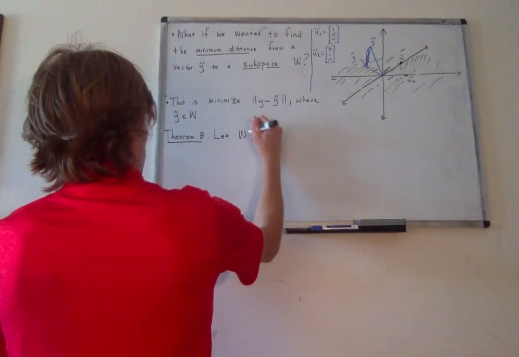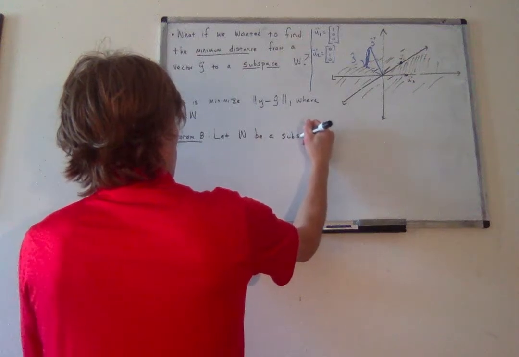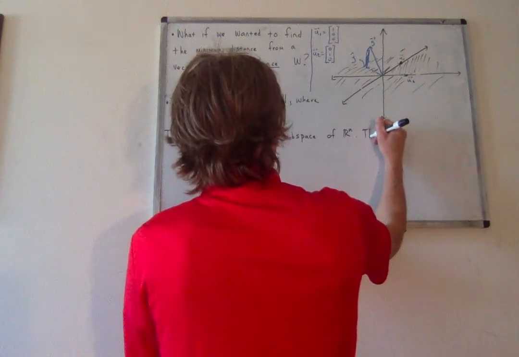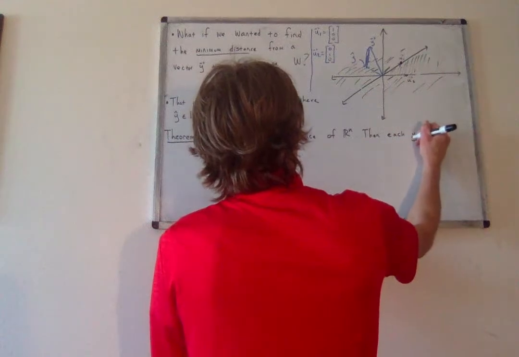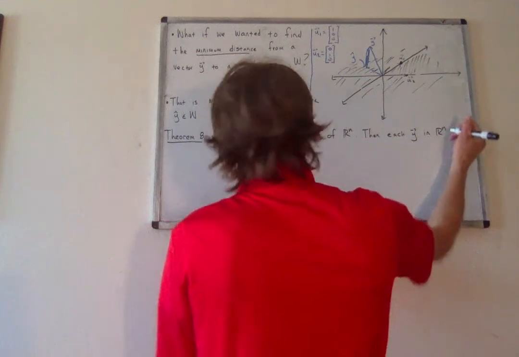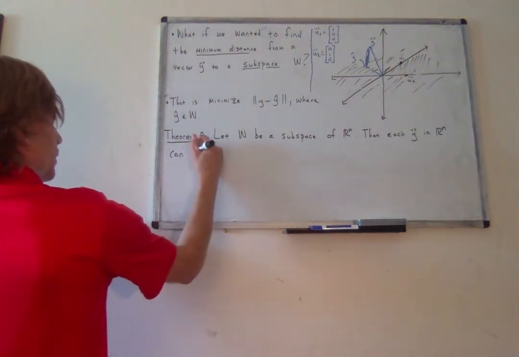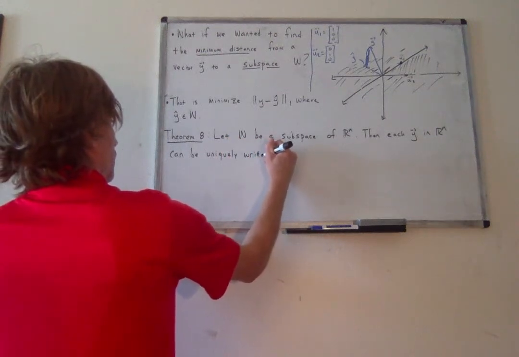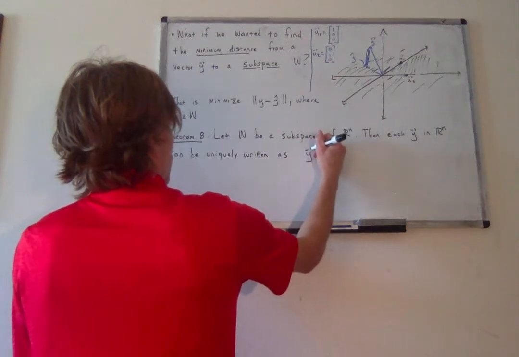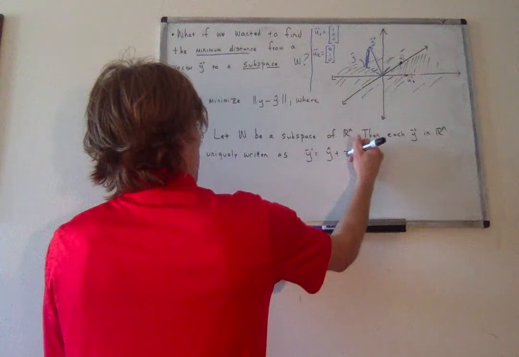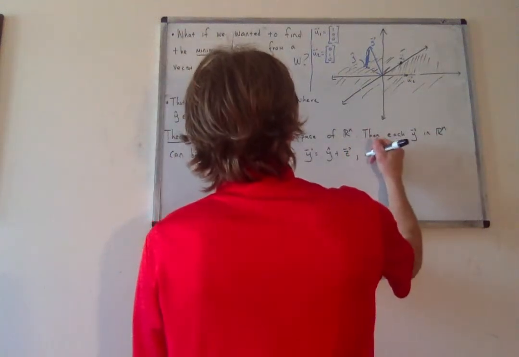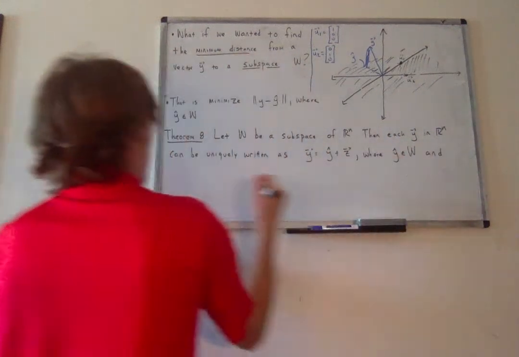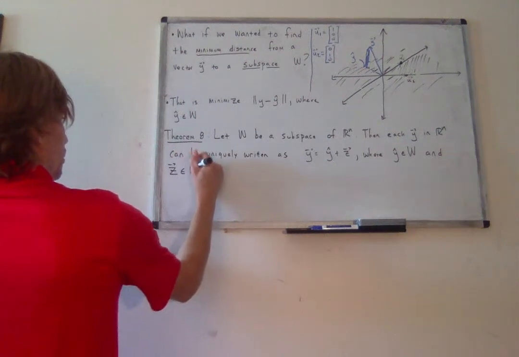So let W be a subspace of Rn, and each vector y in Rn can be uniquely written in the form y is equal to y hat plus z, where y hat is in the subspace W and z is in W perp.